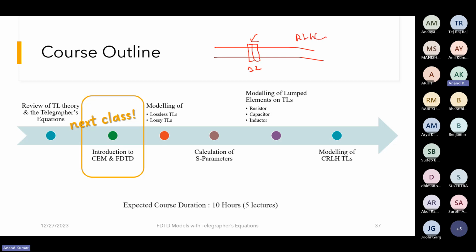Similarly we have another section and another section, each with their own RLGC values, and we are ignoring the mutual effects of the neighboring sections. Is this what you asked? Exactly, sir. That differential equation is only valid in that differential element, but when you solve the equation, it is valid for the whole transmission line. So how accurate is this? That is exactly my question.